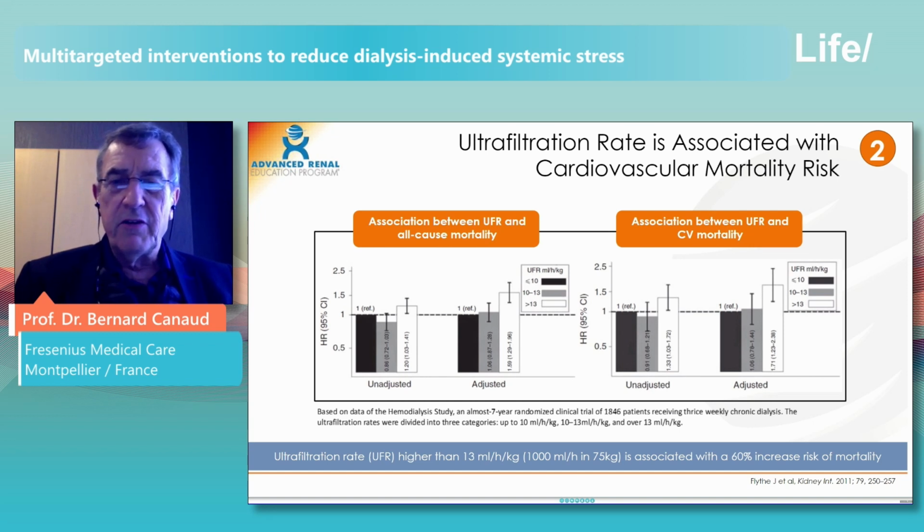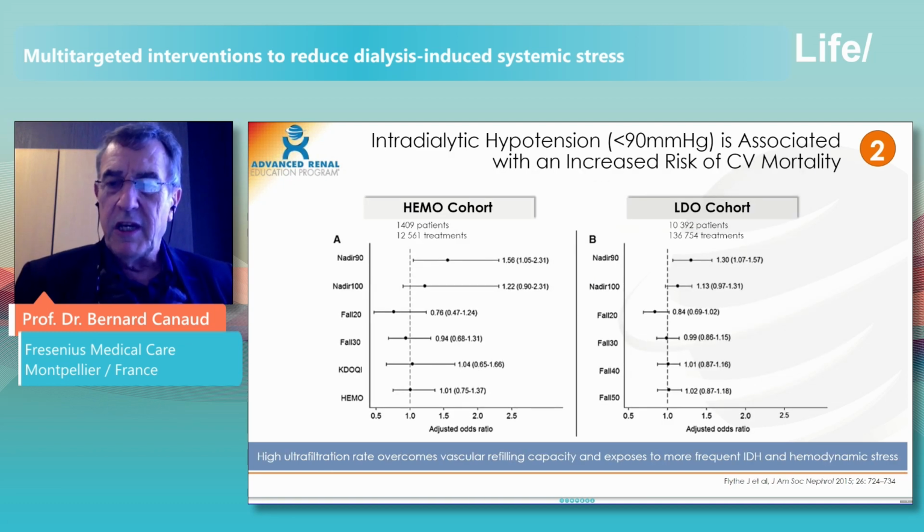Now, acting on the ultrafiltration rate, the group clearly showed that a higher ultrafiltration rate, in that case more than 13 ml per hour per kilo, is associated with higher risk of all-cause, but particularly cardiovascular, mortality. And of course, you understand that a high ultrafiltration rate is associated with tremendous hemodynamic instability and then creates hypotension.